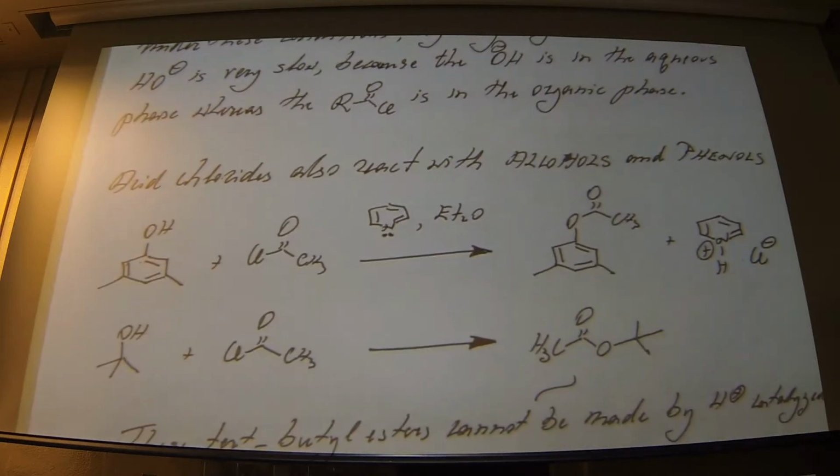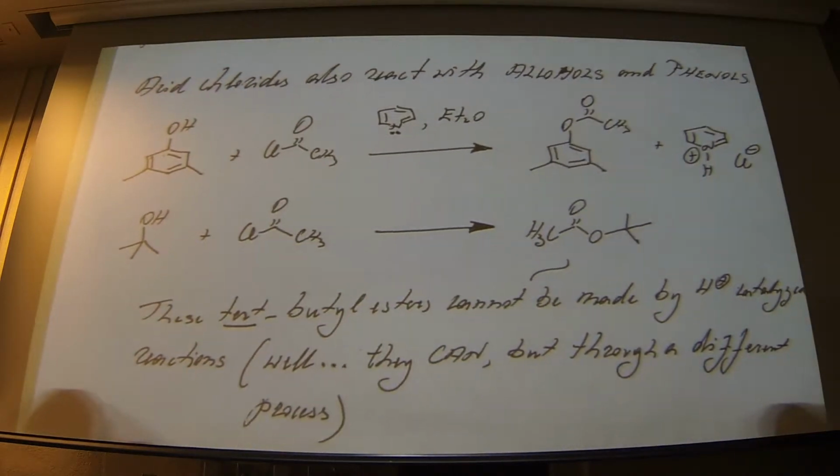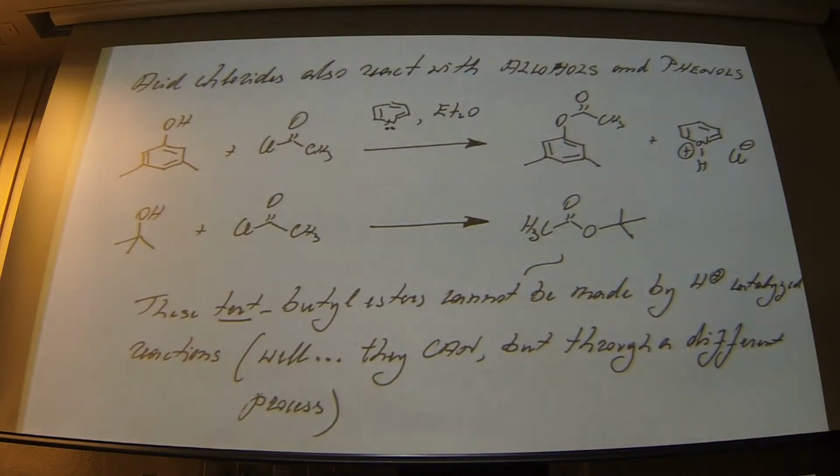Now, acid chlorides will react with all kinds of alcohols and also phenols, and they will react to form esters that are maybe not so easy to make using the Fischer esterification, which is what we learned, right? Fischer esterification is carboxylic acid, alcohol in excess, acid catalyst, and then Le Chatelier's principle, remove water to drive the equilibrium. Well, for some alcohols, that doesn't work very well.